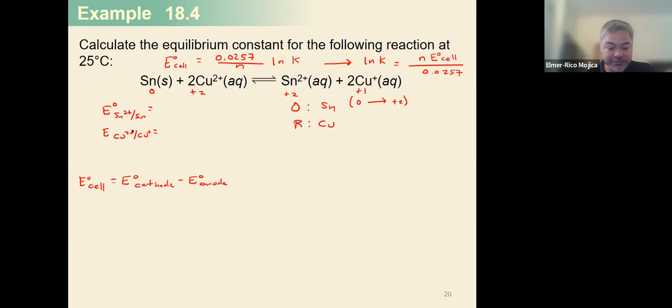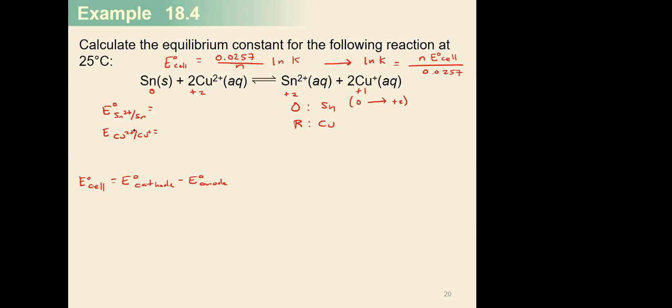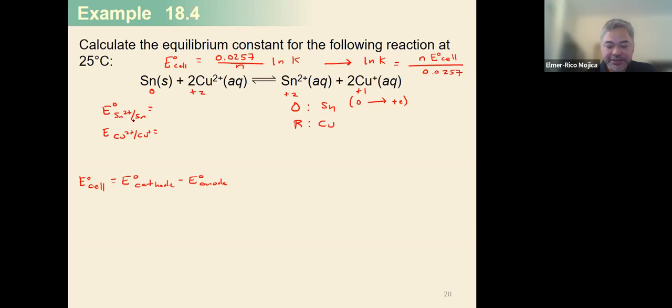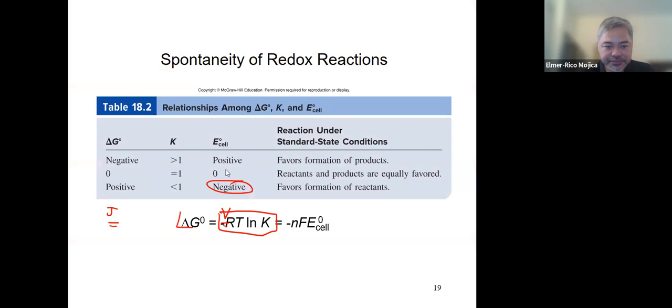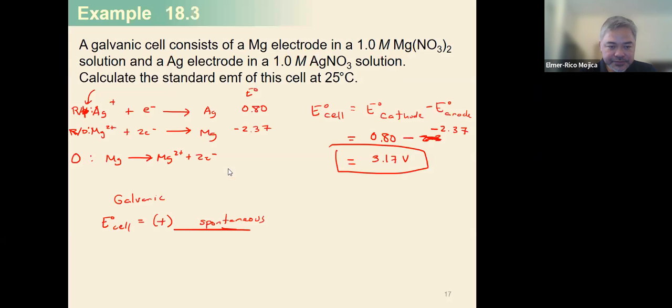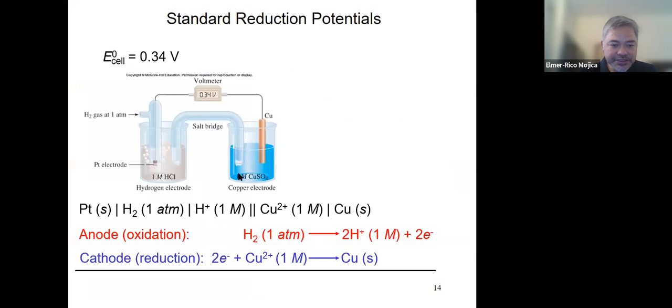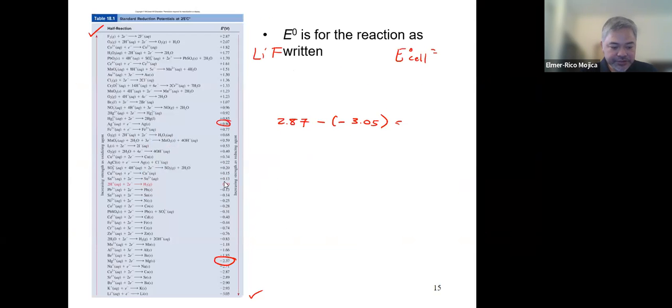If I'm going to give you the reduction potential here, where's the table? So you have the tin, which is 2 and 0, right?